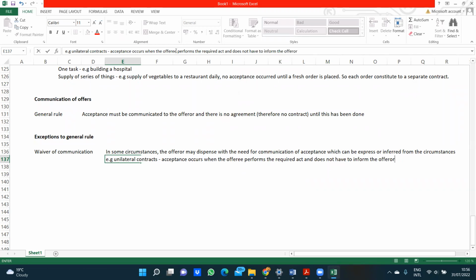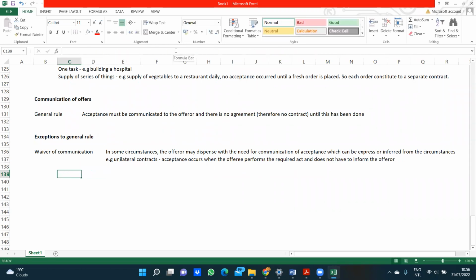This is the unilateral contract. Unilateral contract itself, this is waiver of communication.